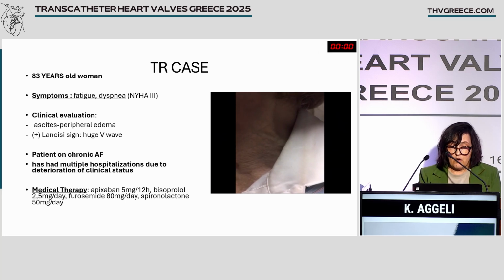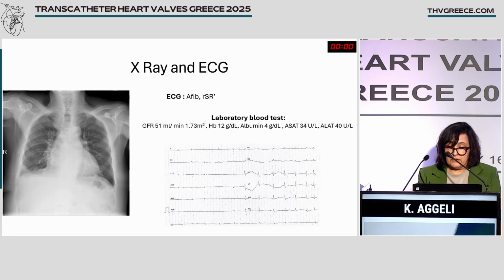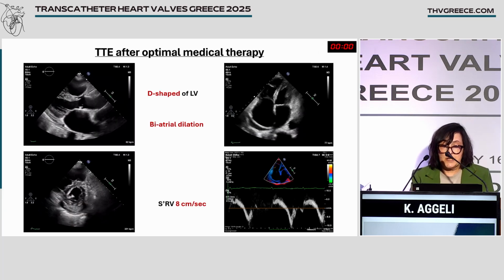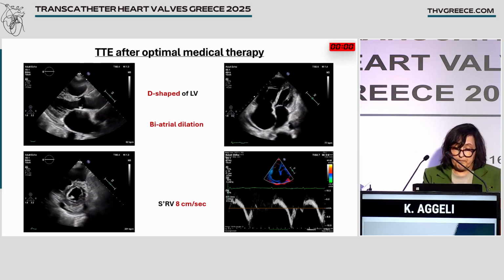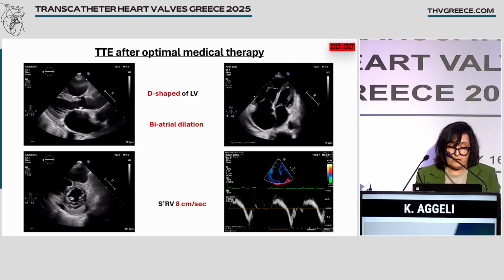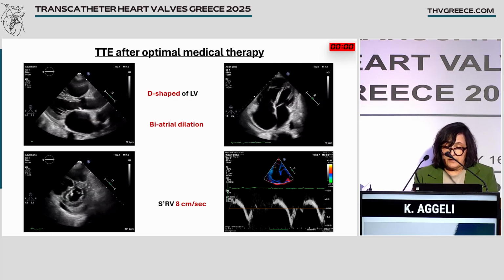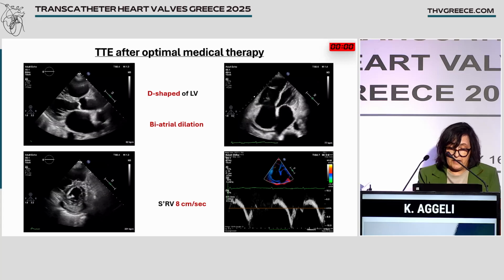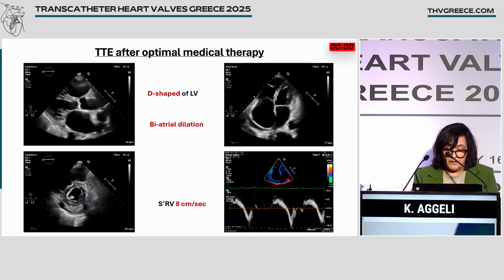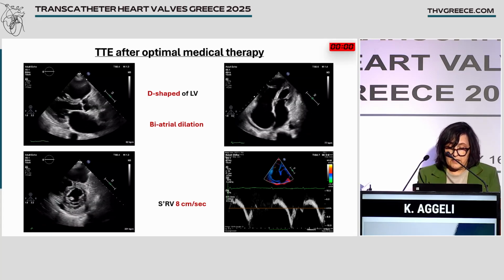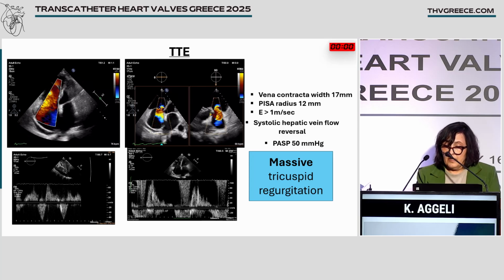An 83-year-old woman with a huge V wave and atrial fibrillation. Before the TEER procedure, you see this shape of the LV, bilateral dilatation, particularly of the RA, and an RV wave of 8 centimeters.